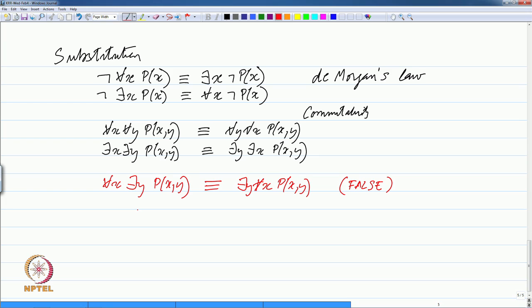In this particular example, it so happens that if you have the right hand side, you can still replace it with the left hand side, but that means that you can write a rule of inference which says there exists y for all x p x y implies for all x exists y p x y.